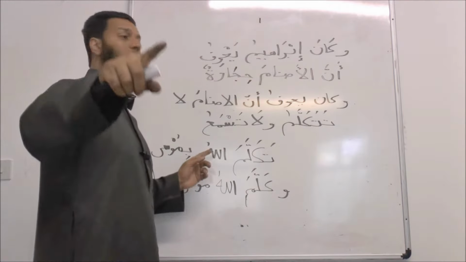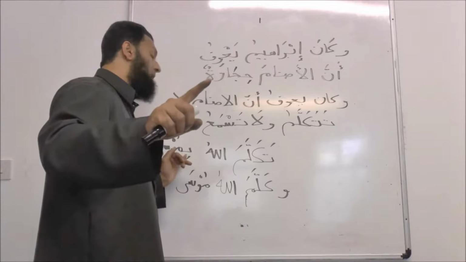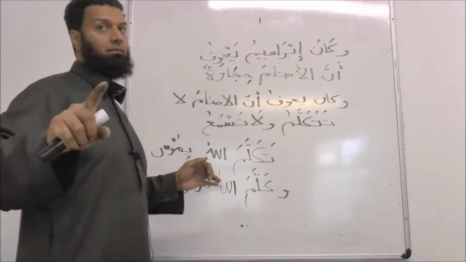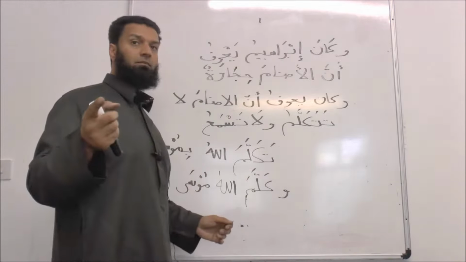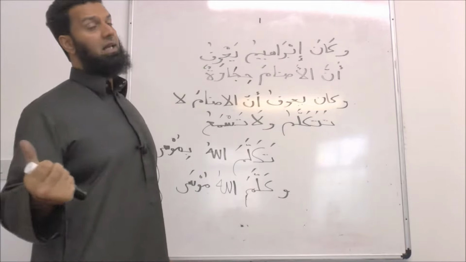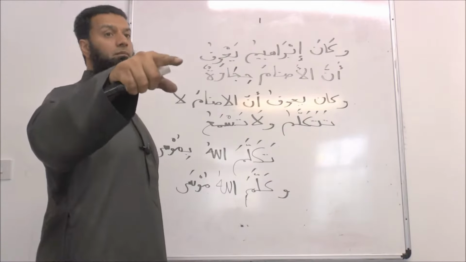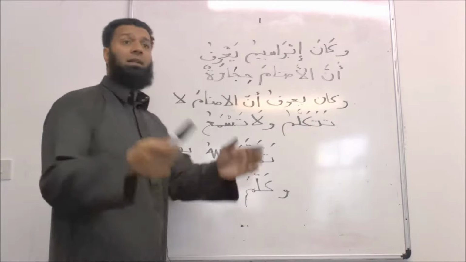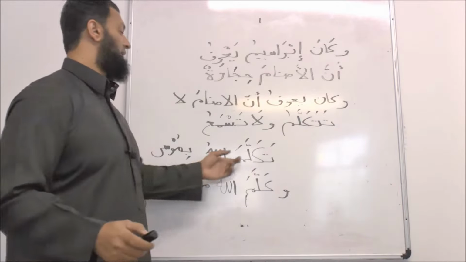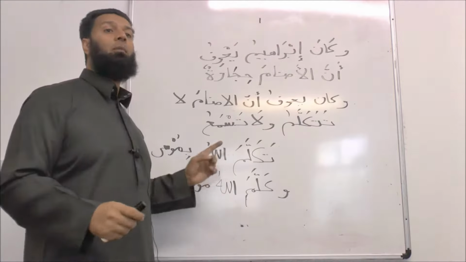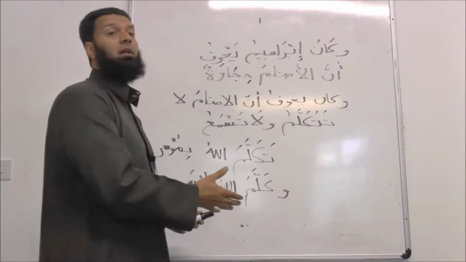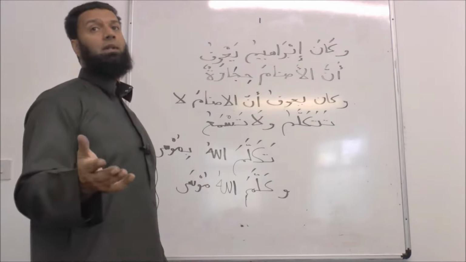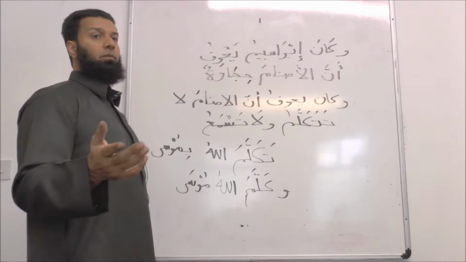It doesn't take a direct object. You've got to use be or مع. Say يتكلم بك or معك. Alright? That's the difference between takallam and kallam, but it's important to remember because it's very common. It's commonly used.